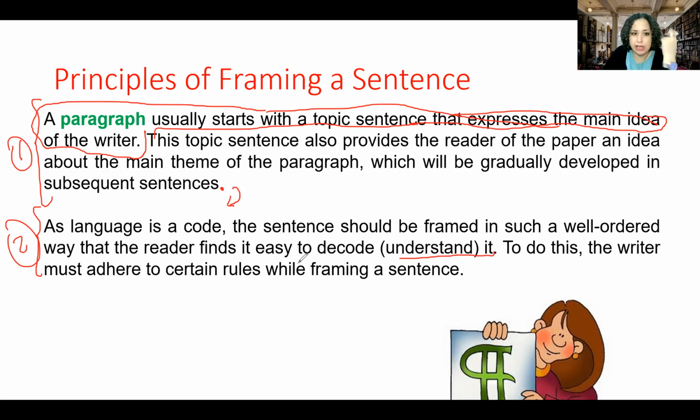So you're telling me in the second paragraph that language is a code, and we should be careful with the sentences, with the order too. And then period followed, and we continue explaining. To do this, the writer must adhere to certain rules while framing a sentence. So now it's finishing the paragraph telling me you must follow some rules.